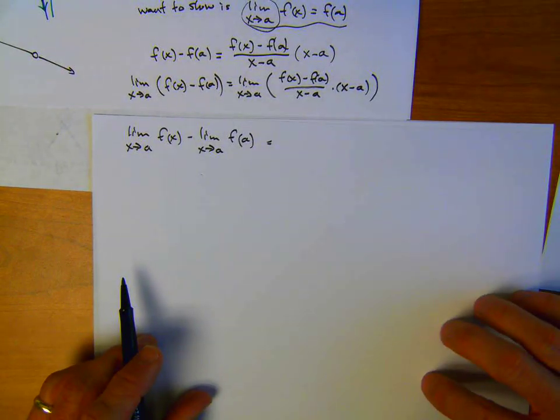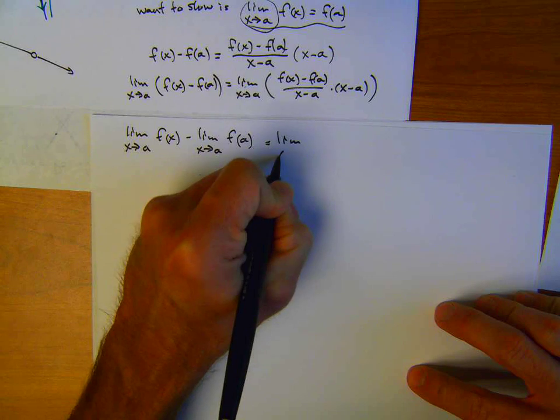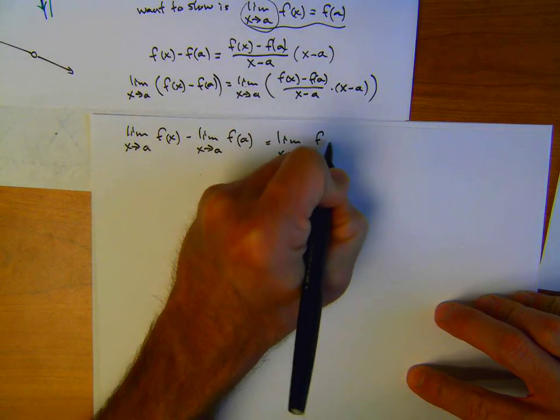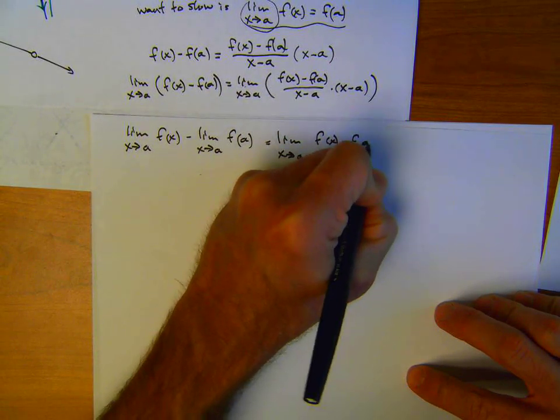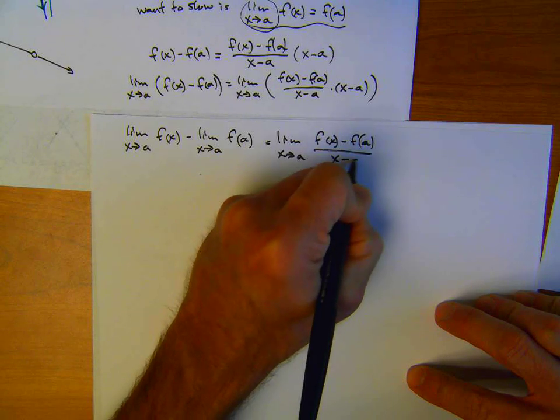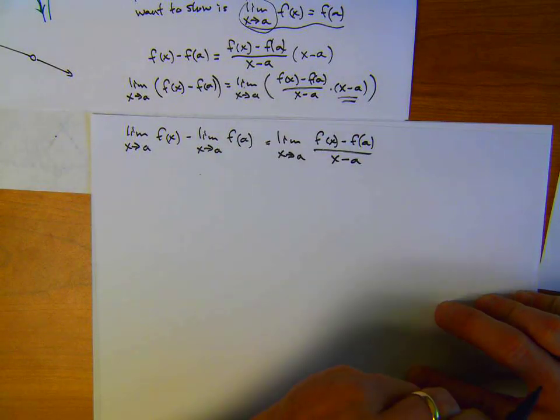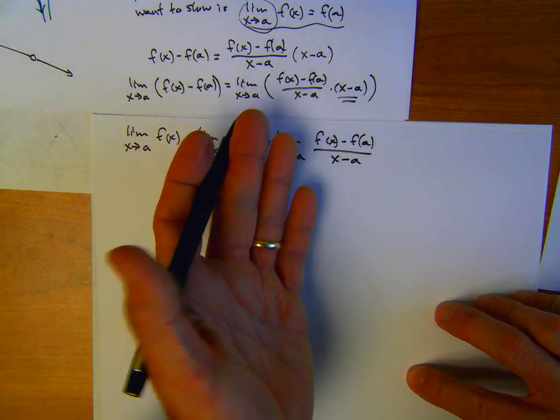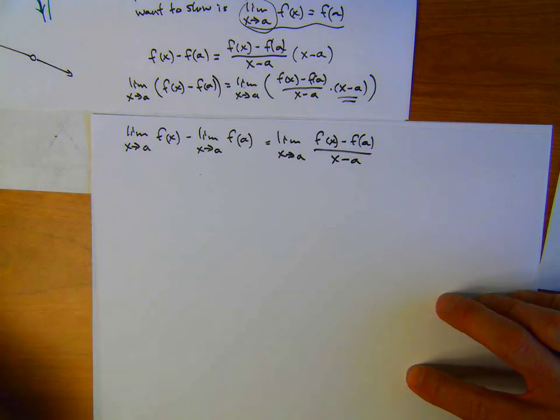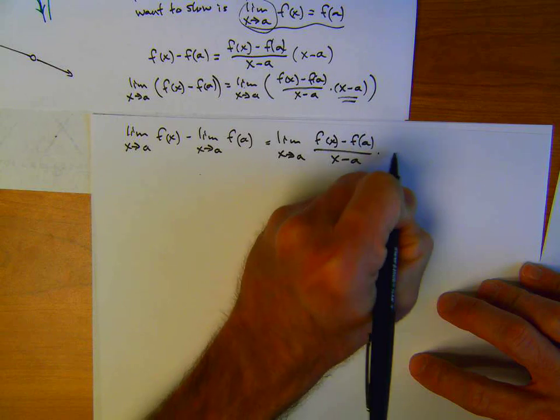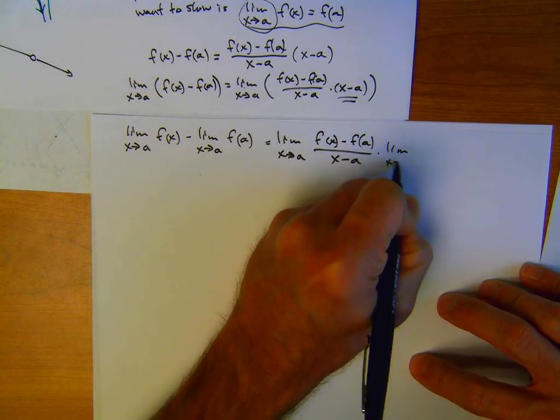So we have the limit as x approaches a of f of x minus f of a over x minus a. I know this one exists because that's just a linear function, like x minus 1 or x minus 5 or x minus 10. So the limit of this product is the product of the limits.